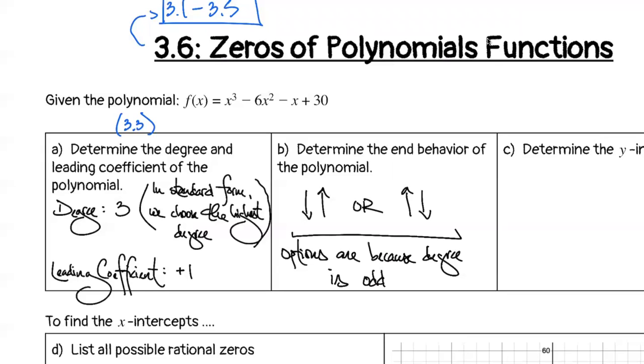If someone wants to go back and review end behavior, what section would they find it in? Can we have a tiebreaker? Is it going to be 3.3 or 3.4?